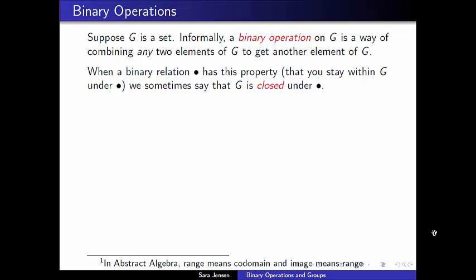If we wish to change our vernacular a little bit and put the emphasis on the set as opposed to the operation, we will sometimes use a different word to mean the same thing, and we'll say that the set is closed under the operation. So saying that a particular relation is a binary operation on a set is the same as saying that that set is closed under the operation.